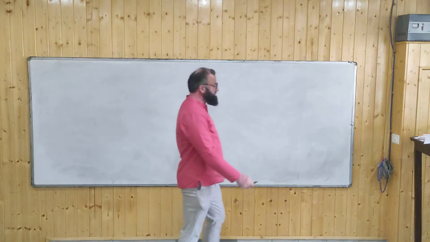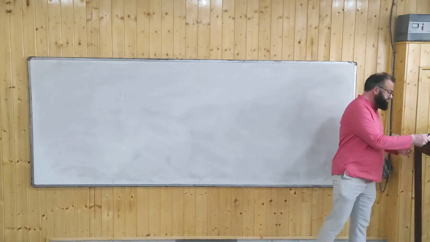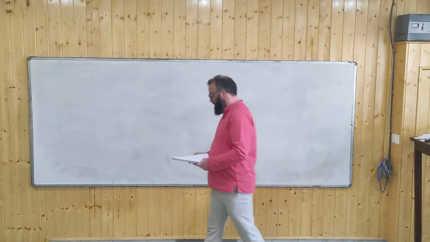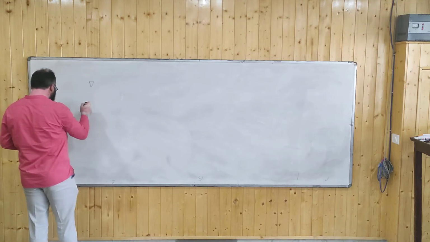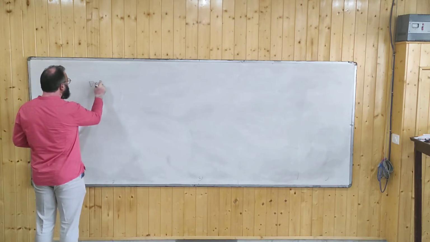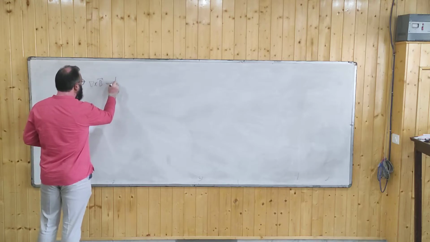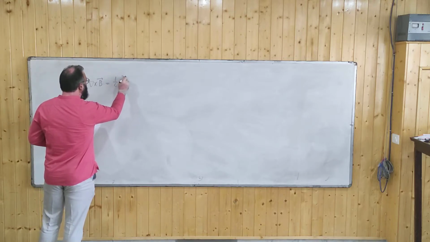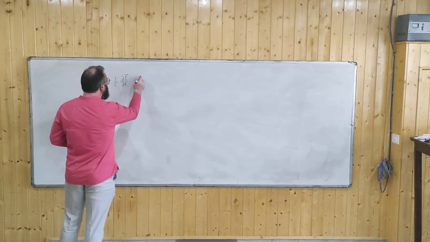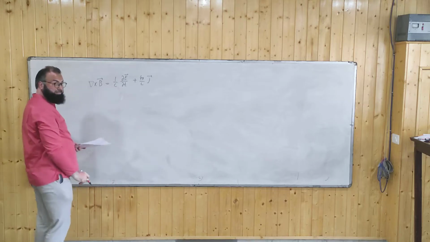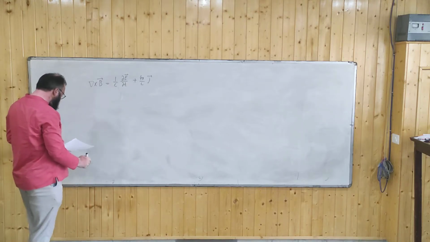Okay, so let's do some vector business. So you are having the inhomogeneous Maxwell's equation like this. Curl of H is equal to 1 by C partial E by partial T plus 4 pi by C J. So this is the Ampere-Maxwell equation.